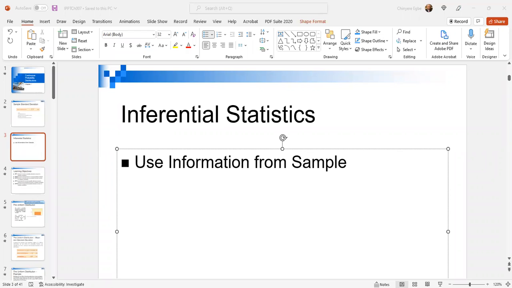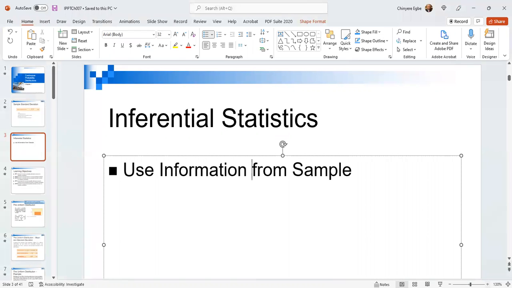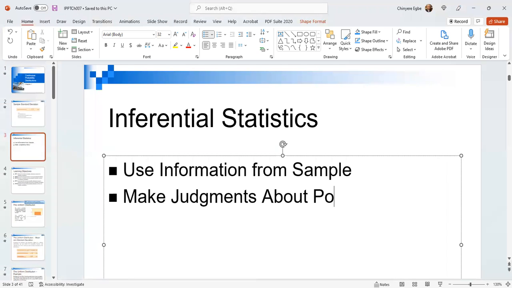Yes. Okay. So what is inferential statistics? Inferential statistics is where you use information from a sample to make judgments about a population.